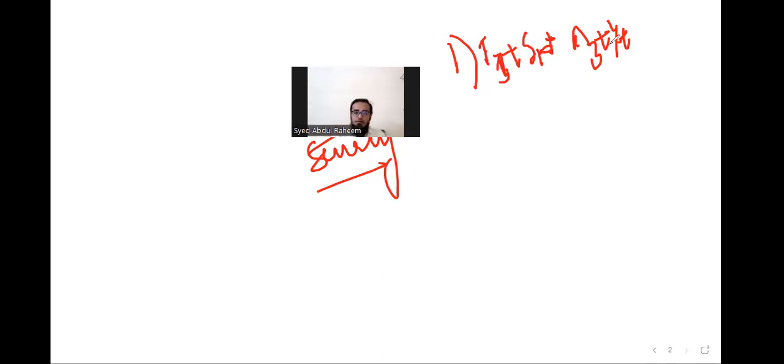First hour, 5 to 10 minutes gap, second hour, 10 minutes, third hour, 15 minutes. Likewise, you have to increase the timing interval. So it is D6 only.